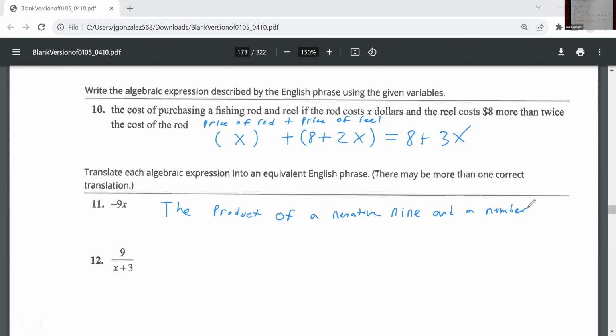So you could use the word quotient, right? Say the quotient of 9 and, let me make sure I emphasize that there's two things down there.